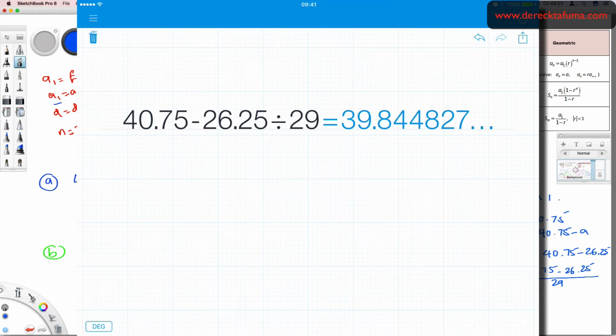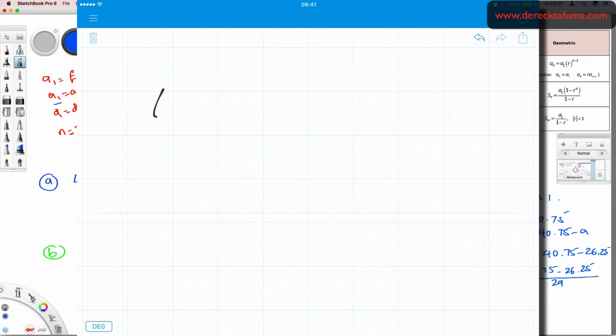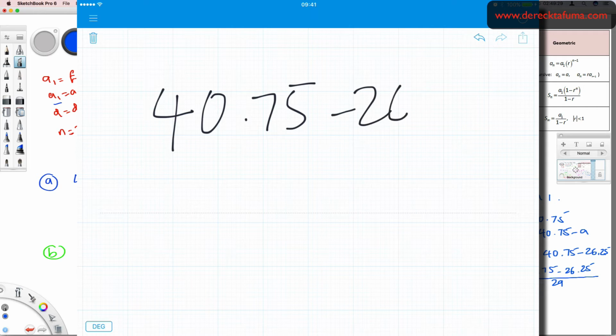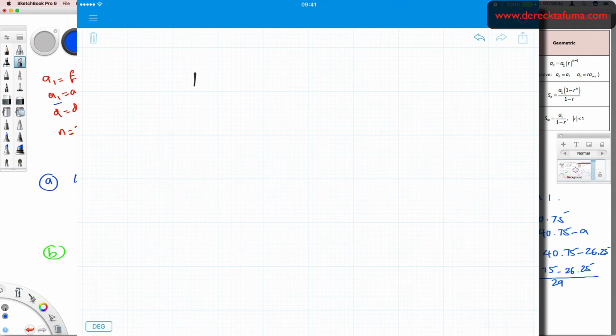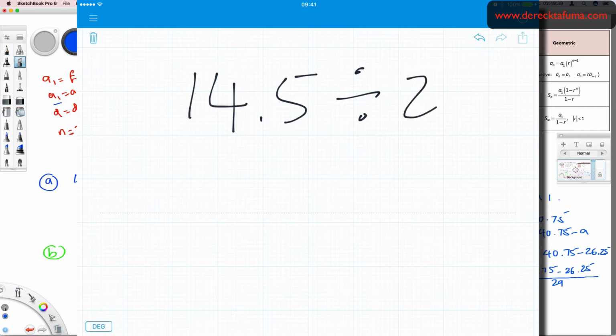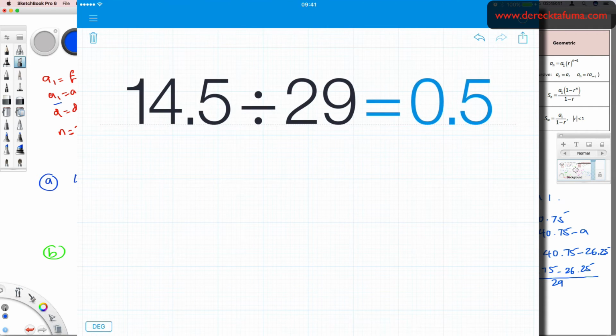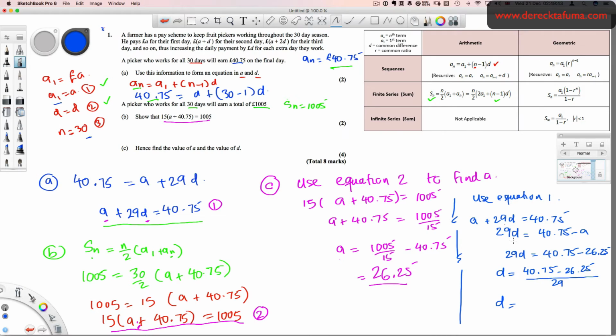Hang on, I might not have done it correctly here. So 40.75 take away 26.25 is 14.5. Then 14.5 divided by 29 is 0.5. So D is 0.5.